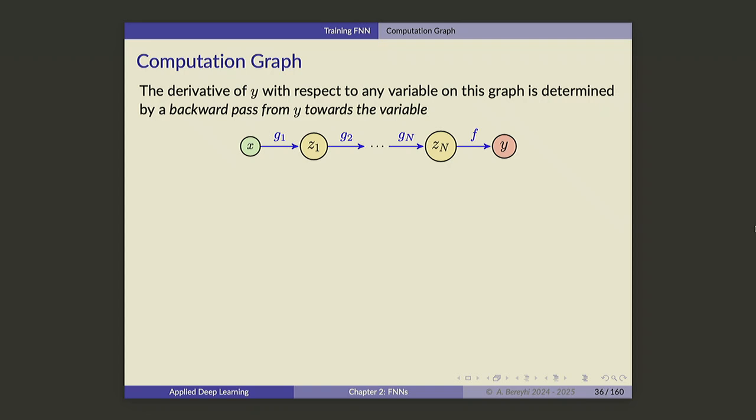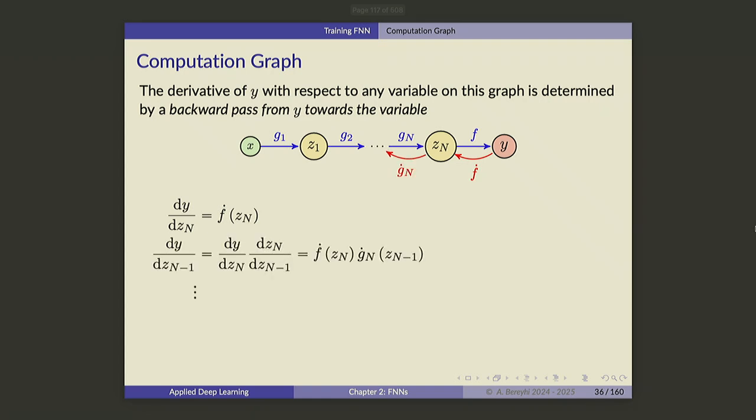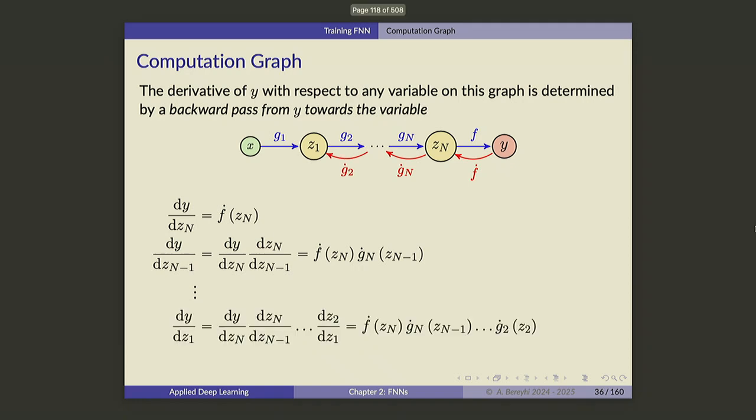So whatever the change in y is can be written as the derivative of that program, that function f, times the change in zn. And then you can again write down zn with respect to zn minus 1. You can keep on going till you get to the very beginning.